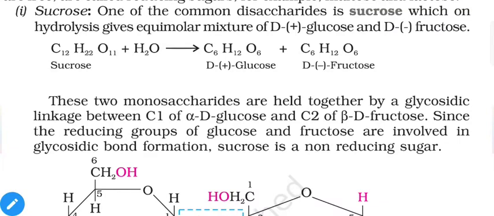As you can see here, C1 of the first molecule glucose and C2 of the second molecule fructose are joined. So they are linked together, that's why they are not free. That is the reason why sucrose is a non-reducing sugar. It contains two different monosaccharides, two different groups, aldehyde and ketone, but both of them are already used in bond formation. That's why none of them is free, and that's why it is a non-reducing sugar.